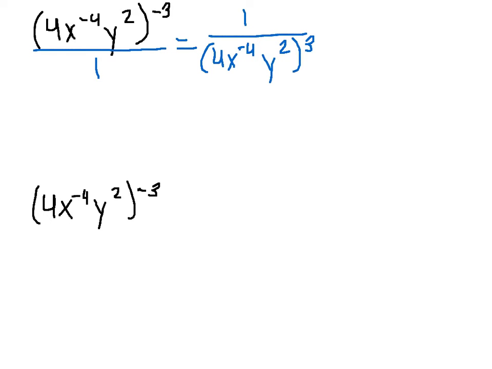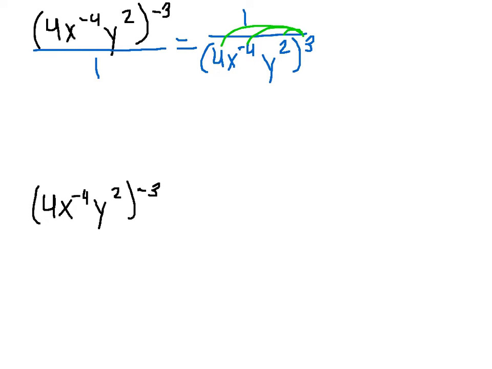At this point, I can distribute the exponent to each and every factor. So I distribute it to the 4, the x to the negative 4, and the y squared, just like this. Don't forget, when you are distributing an exponent, you're not multiplying. It's not 4 times 3, it's 4 to the 3rd power.